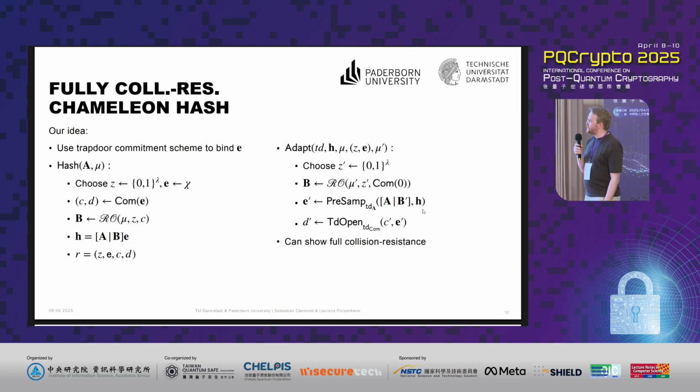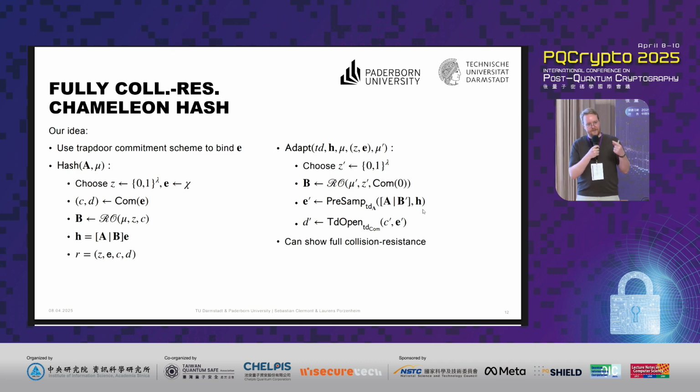What we basically want to do there is to put an empty commitment into the random oracle, because the issue is, if you want to compute the E prime, we already have to know the B, but the B uses the commitment.